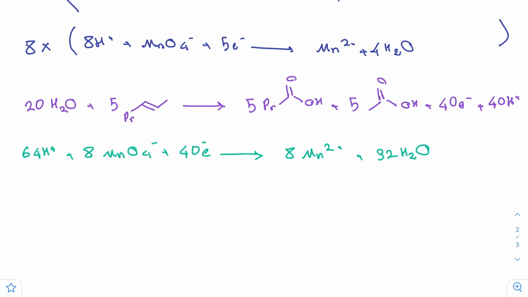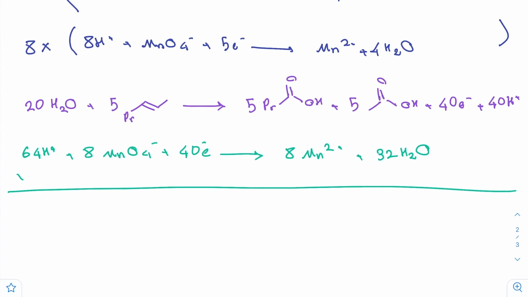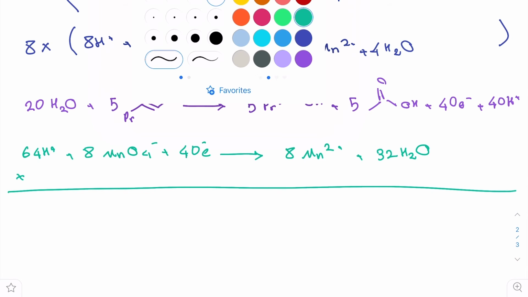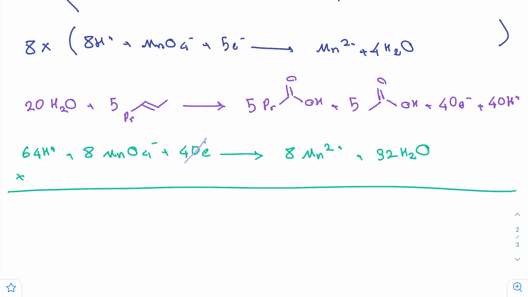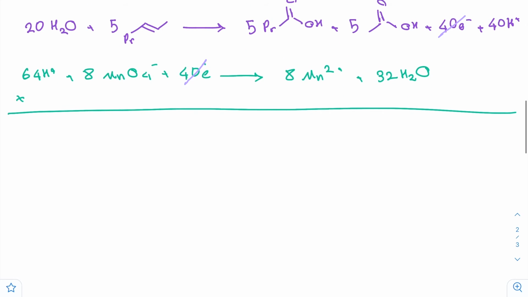Alright, so all I have to do now is to add these two together. It may seem a little complicated, but it's really not that bad. Okay, so the electrons are going to cancel out, and that's what matters. So that's good. And then let's see. So we have 20 H2Os here.